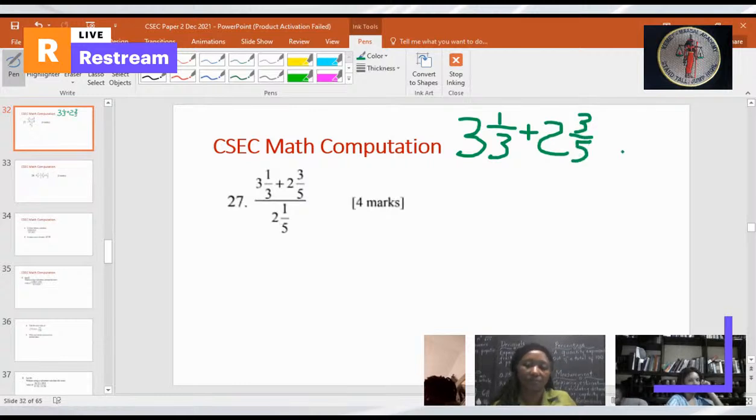3 plus 2 is 5. And we're going to find the lowest common multiple for 3 and 5, the denominators, which is 15. 3 into 15 goes 5 times, so we're going to multiply 1 by 5, and that gives us 5.